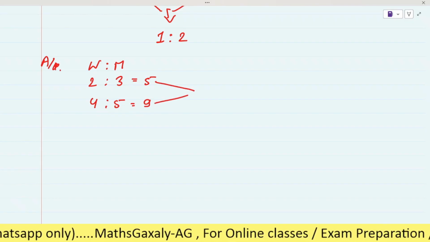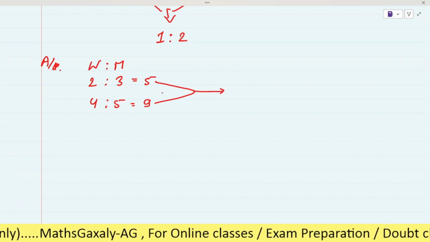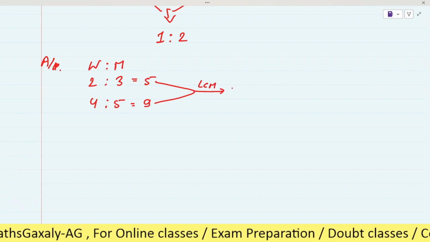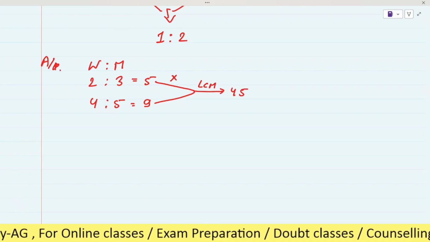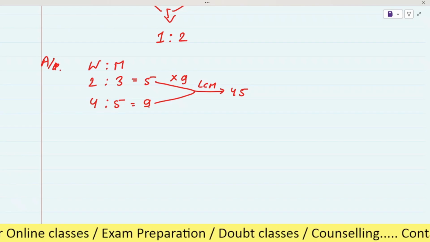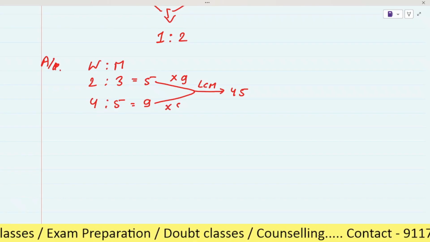To make it equal, we will take the LCM, least common multiple, okay? So the LCM of 5 and 9 is 45. To make it 45 we have to multiply by 9, and to make it 45 we have to multiply by 5.